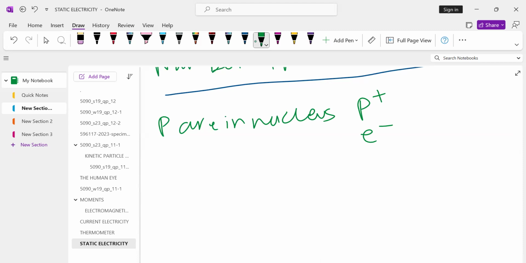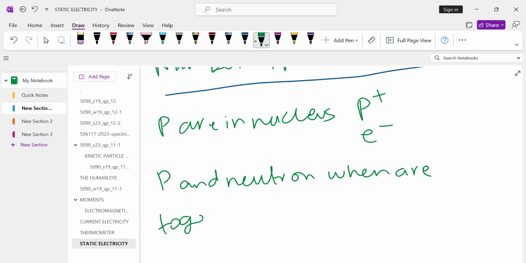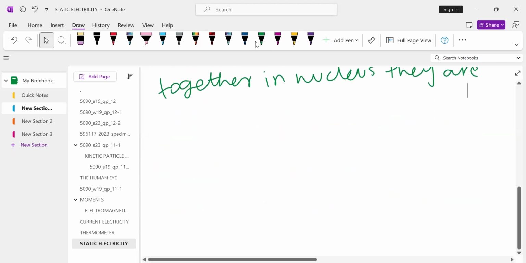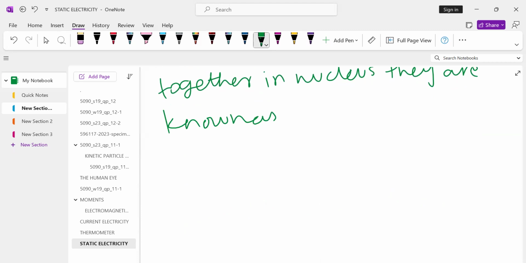When proton and neutron are together in the nucleus, they are known as nucleon.